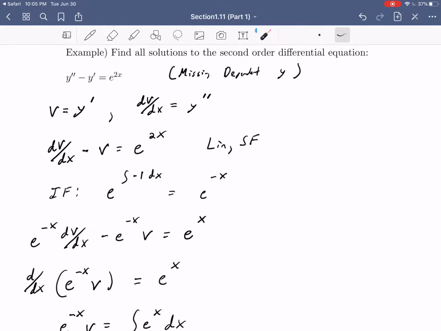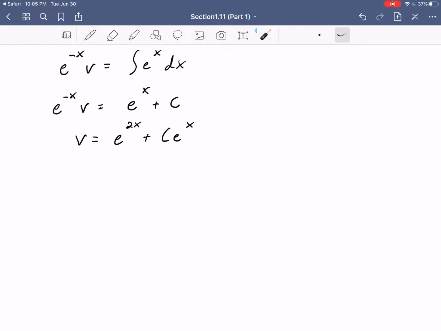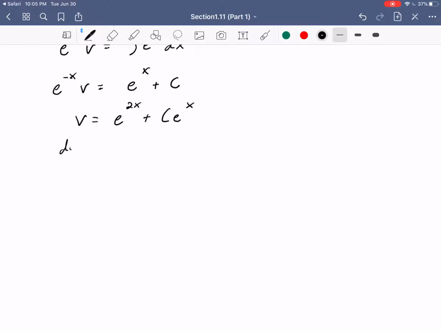Now we can undo the substitution. The substitution was v equals y prime, or better to think of it as v equals dy dx. So let's pop that back in there. We get dy dx is e to the 2x plus c e to the x. Now we're back to our original dependent variable, y.